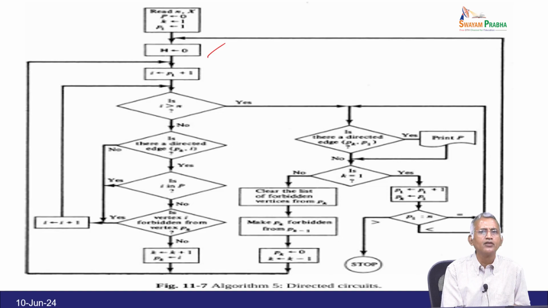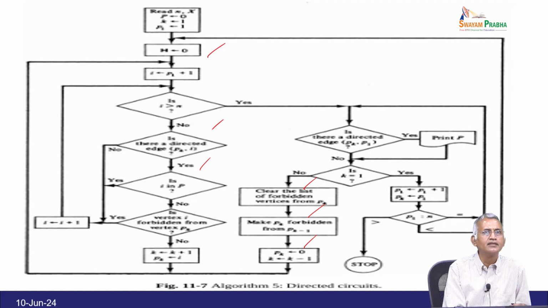If k equal to 1, no, then clear the list of forbidden vertices from pk and make pk forbidden from pk minus 1. If pk equal to 0 and k equal to k minus 1, go to the loop. Start from p1 equal to p1 plus 1, and if I is greater than n, no, is there a directed edge from pk to I? If yes, is I in p?